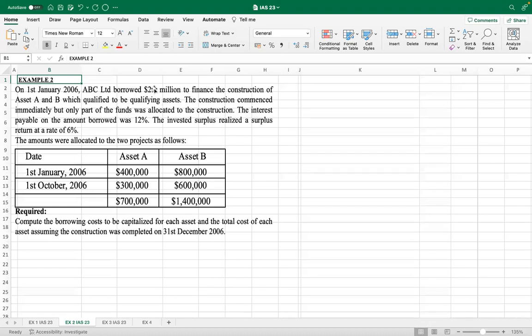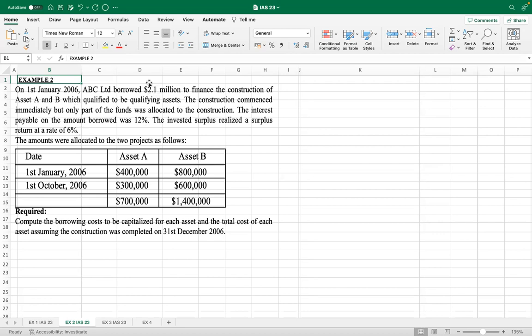So these guys borrowed 2.1 million. Construction began immediately, that is on 1st January 2006, but they did not use the entire 2.1 million. The interest payable on the amount borrowed was 12%. The invested surplus realized a return at a rate of 6%. Let me explain.